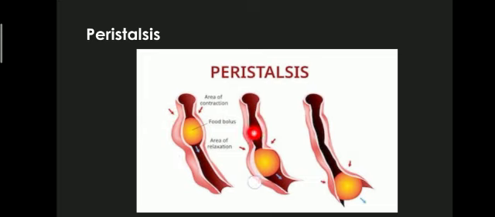When the food bolus moves downward, the region where it is present expands and the previous region where it was present will contract. And so it happens as the food continues to move downwards towards the stomach. So this wave-like constriction caused by the circular muscles of the gut pushing the food along is known as peristalsis movement.